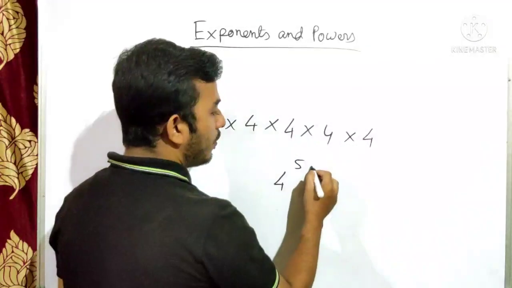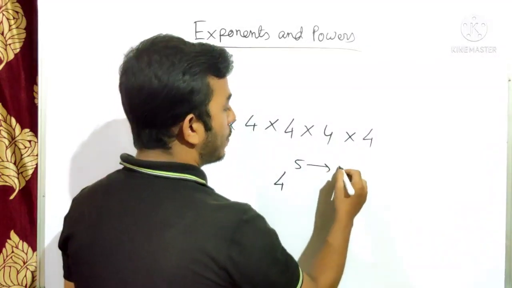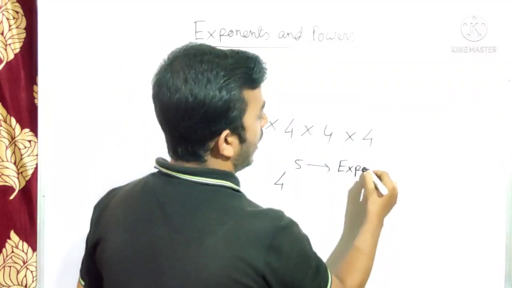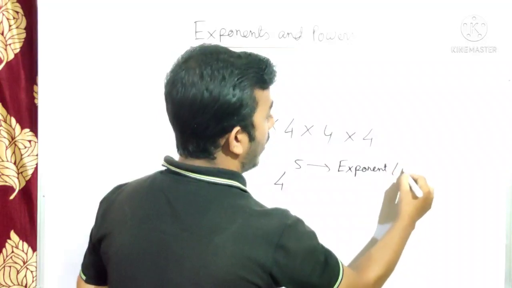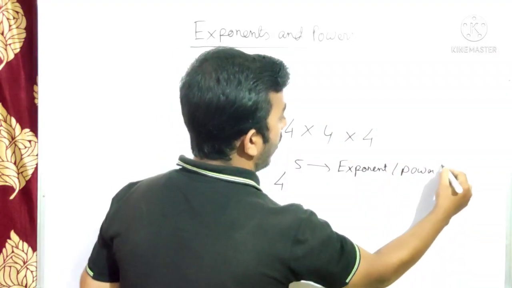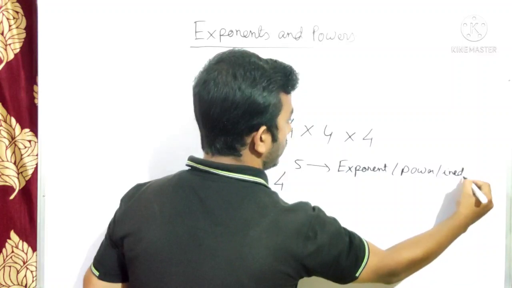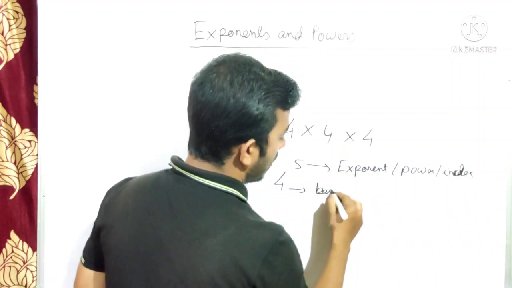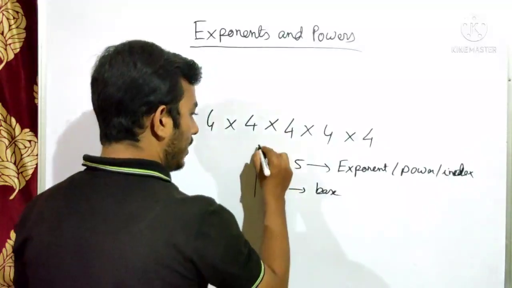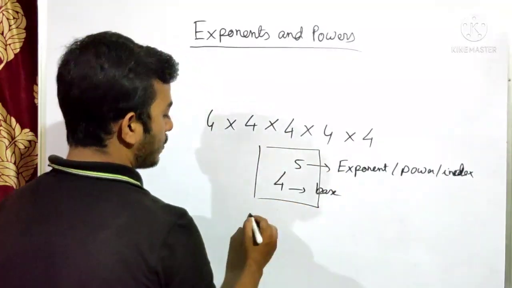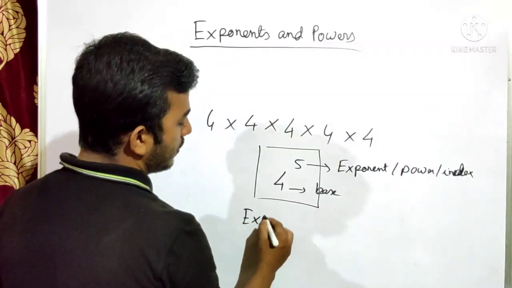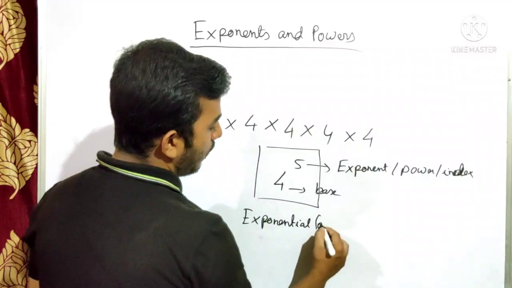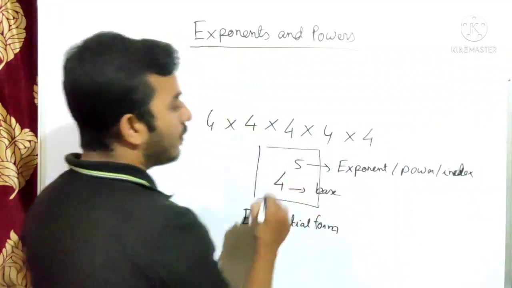The name of this position, where 5 is there, is known as exponent, or power, or index. And the name of this position is known as base. Clear? And the sum total, that is exponent and base, makes the exponential form. This is a form of a number, isn't it?